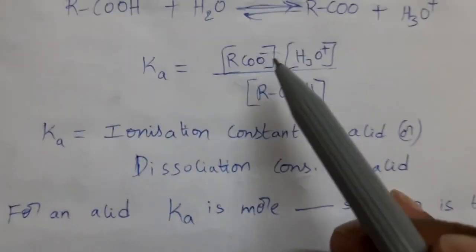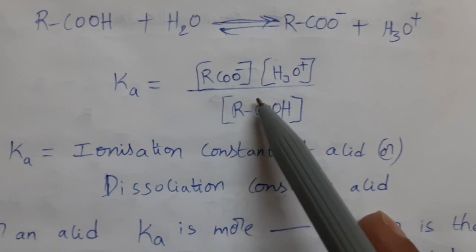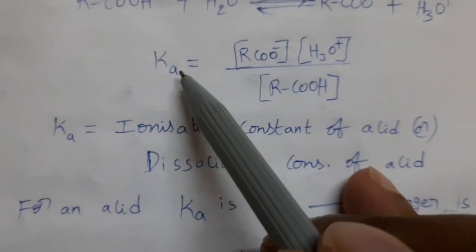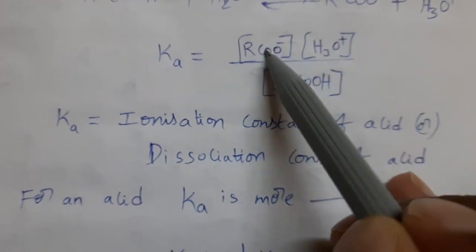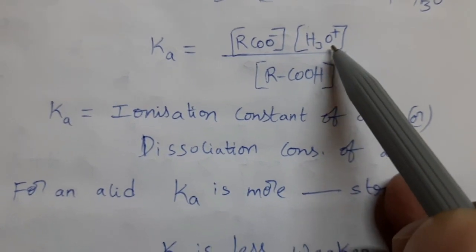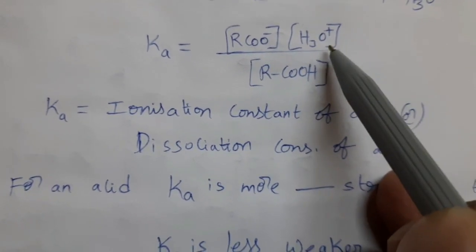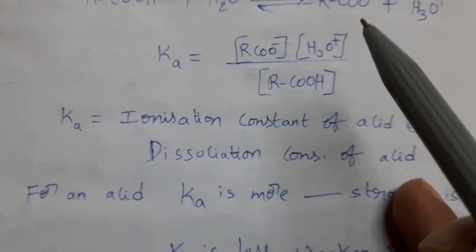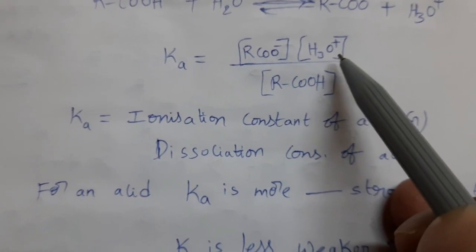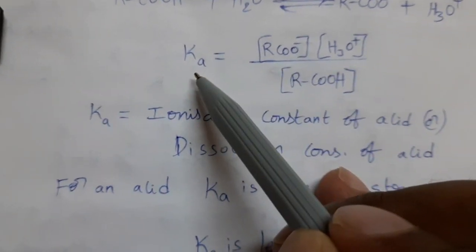See this expression for Ka. A higher Ka value means the numerator value is more. In this numerator, the H3O plus ion concentration is nothing but the H plus ion concentration. If the H plus ion concentration is more, then the Ka value is more.